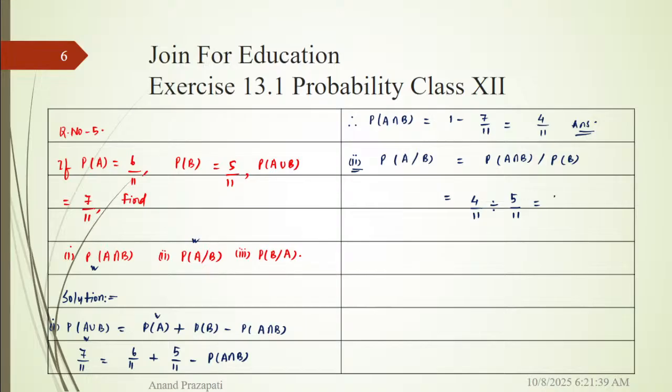So the next step will be 4 by 11 into 11 by 5 equal to 4 by 5. So this is the answer of the second part of this question.